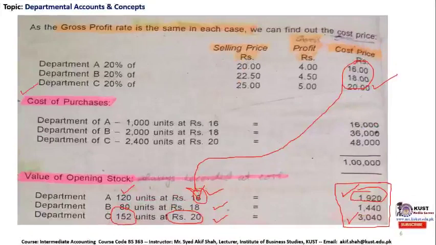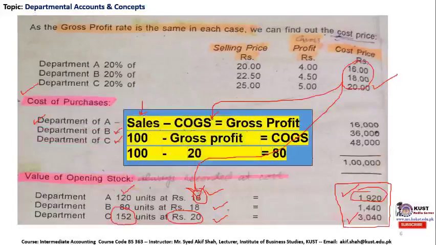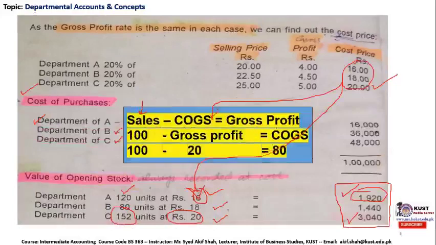Cost of purchases. How did we calculate cost of purchases? We purchased 1000 units in Department A, 2000 units in Department B, and 2400 units for Department C. Once again, we have taken the same per unit cost as calculated with the help of the formula: sales minus cost of goods sold is equal to gross profit.